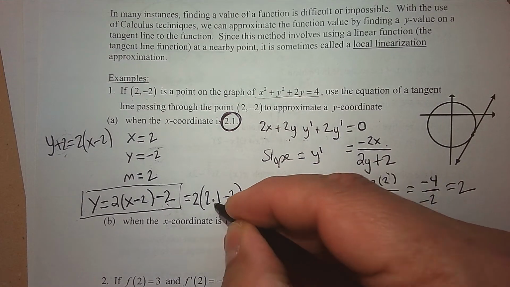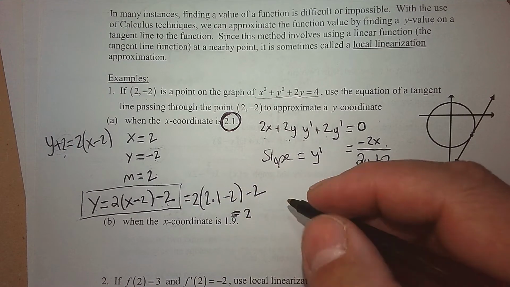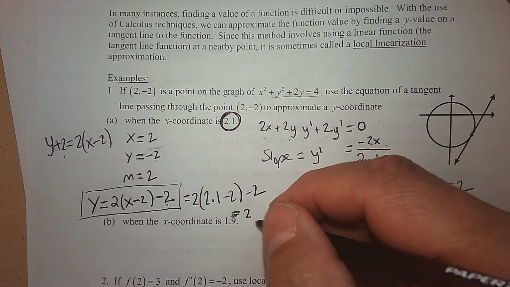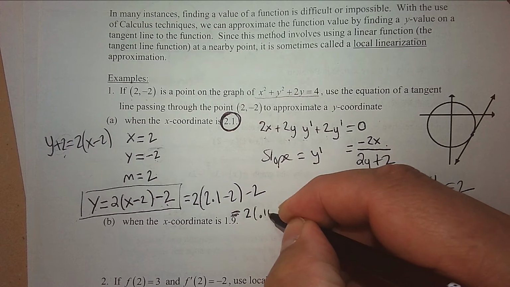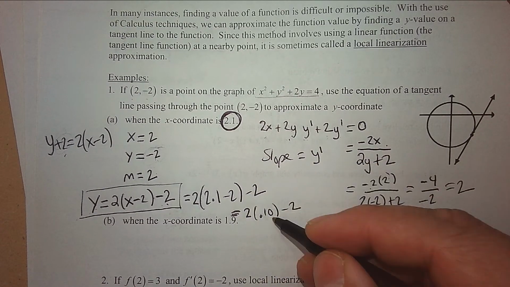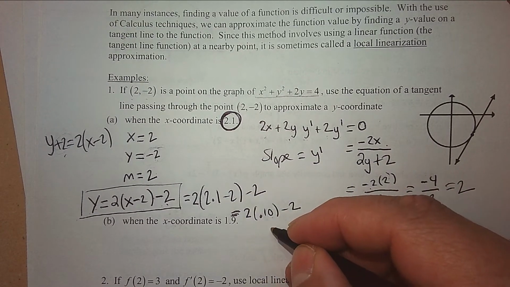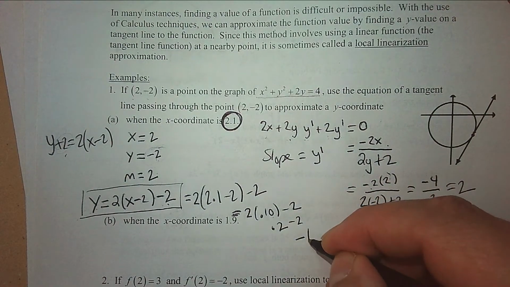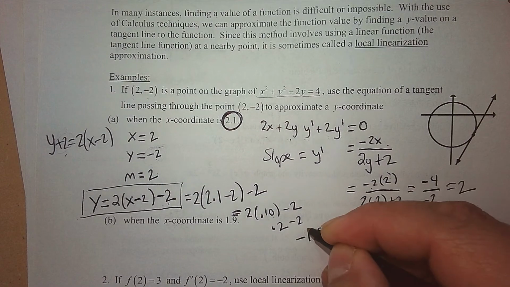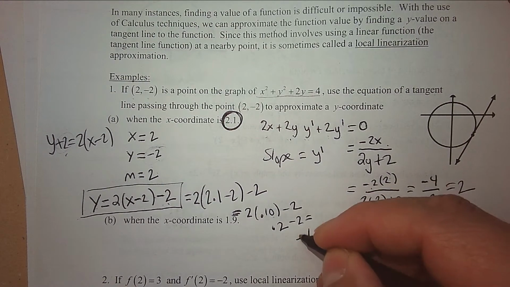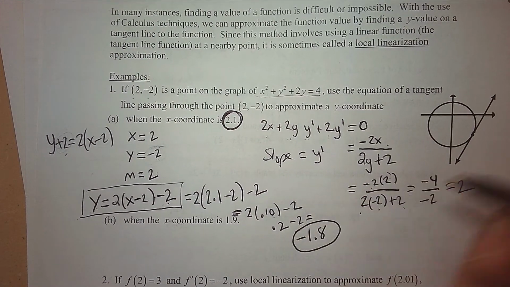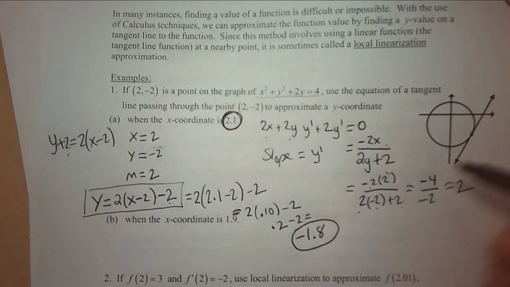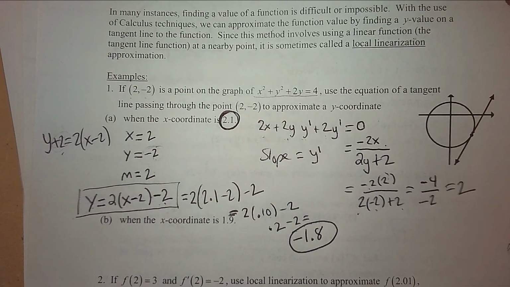So 2.1 subtract 2 is 0.1. 2 times 0.1 is 0.2 take away 2 is negative 1.8.